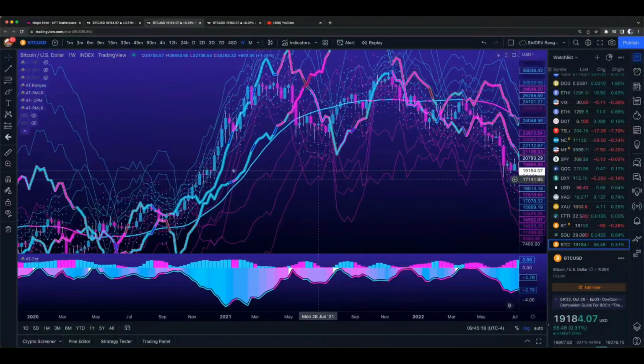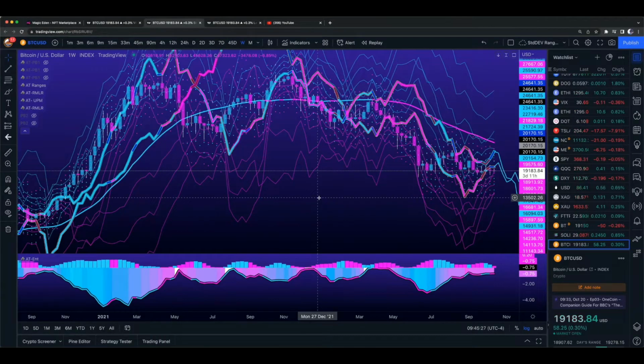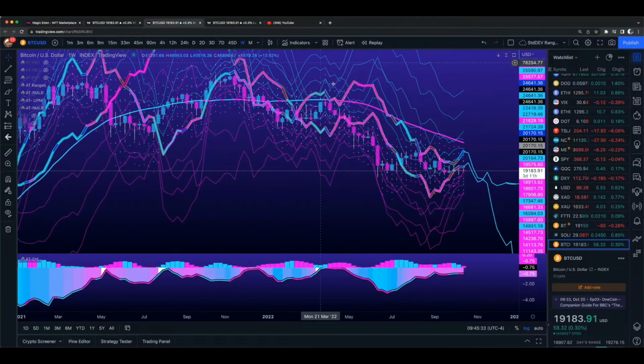I mean, when these reverse means are above the power mean, you get some nice runs, man. Same goes for when they cross down. But obviously, we're on a weekly. You know, there's going to be a little bit of that's why you got to drop down through the time frames. But as far as a bottom, I'm kind of looking for that on the weekly, for sure.